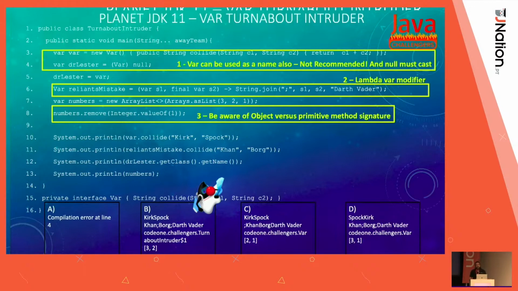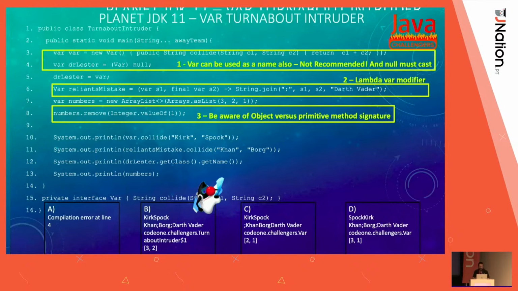So you can use var as a name, and like all the other newest keywords in Java, you can use it as a variable name, for example, or a method name if you want. It's not recommended, of course, because var doesn't mean anything. So it's always better to give a meaningful name to a variable. But I'm just showing you that it is possible to use var if we want to.